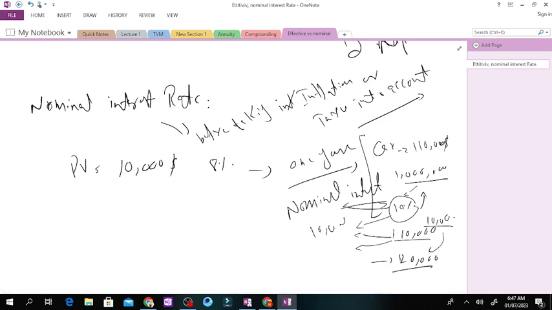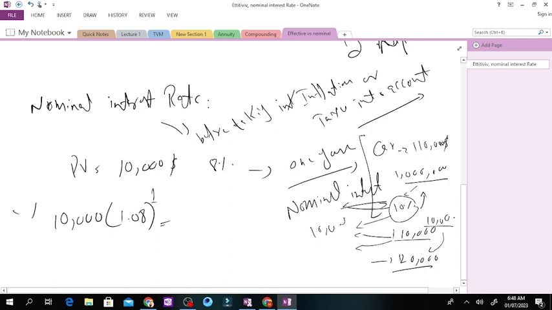So I'm sure you have a better understanding of what the nominal interest rate is. So what you will plan is to ask for a higher interest rate. Let's say the condition is 10,000, and 1 plus i, 1.08, for 1 year. So how much you would get is 10,800.